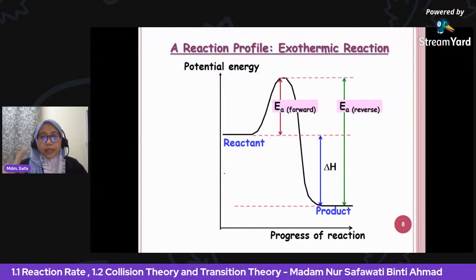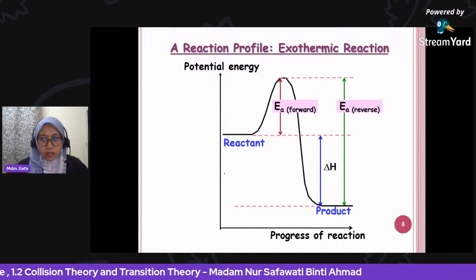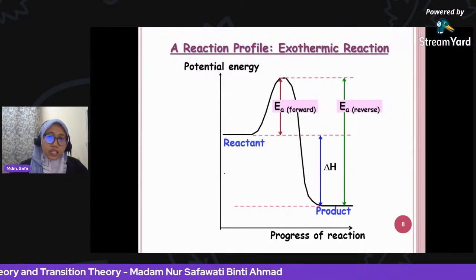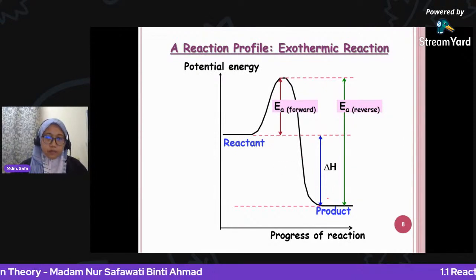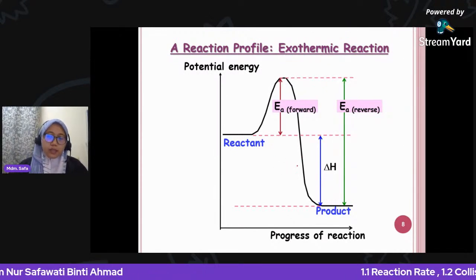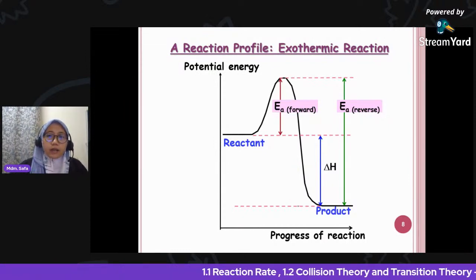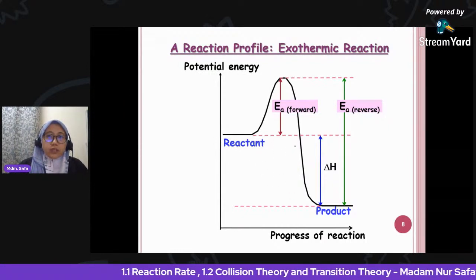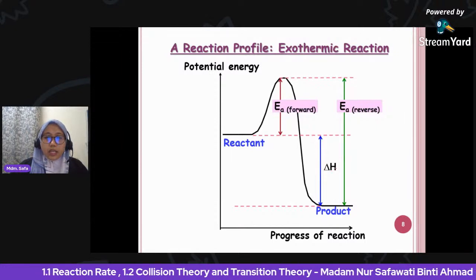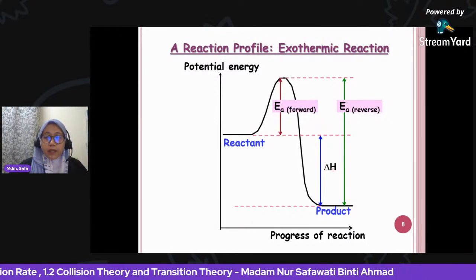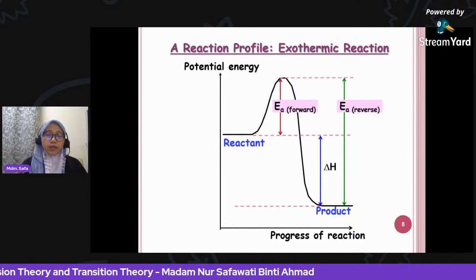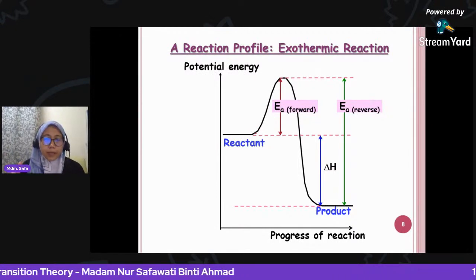So, kita tengok dulu. Yang pertama adalah exothermic reaction. Tu yang dikata tadi, delta H is the difference between the potential energy of product and reactant. Product tolak dengan reactant. So untuk exothermic reaction, the delta H adalah negative. So we have two EA here.